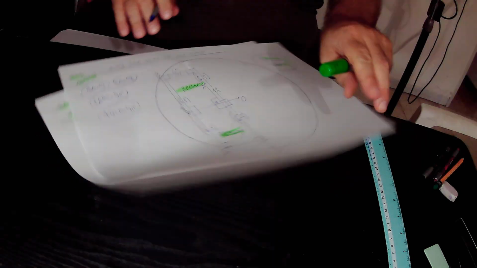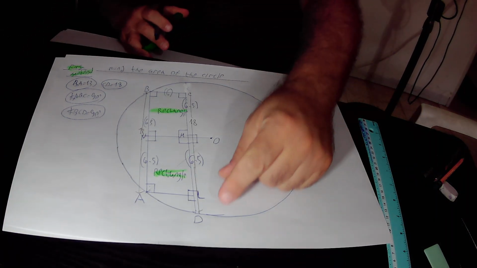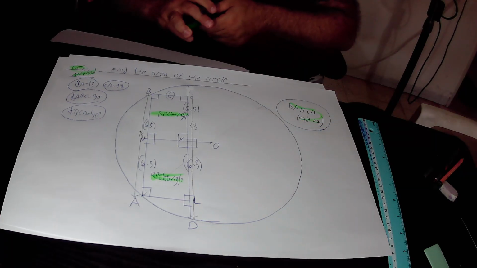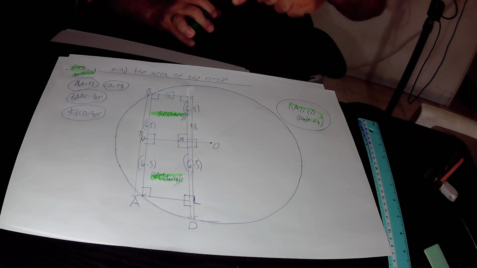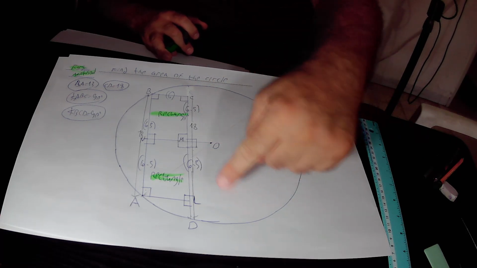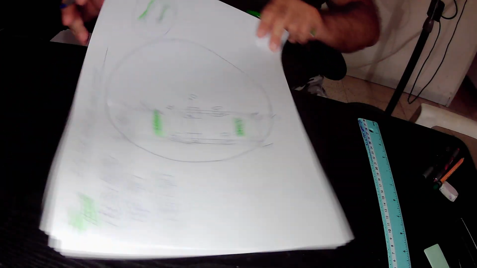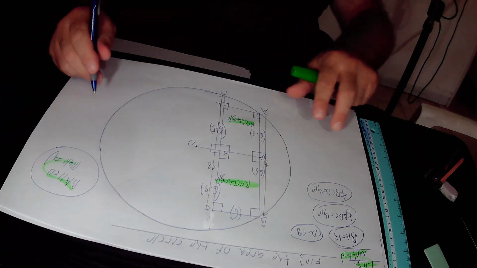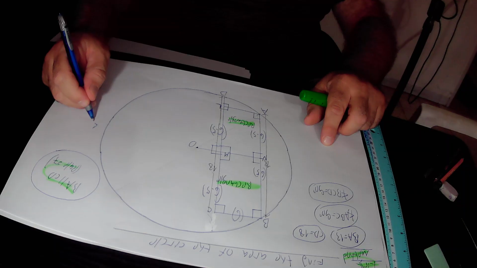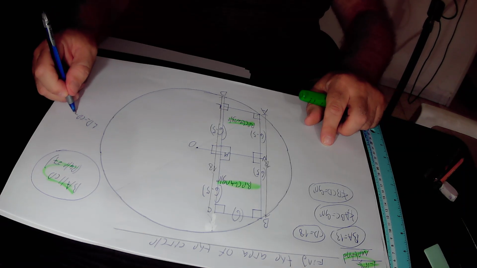What is the length of this small line segment LD? From the drawing, it is very easy to see that LD in total equals CD minus CL.